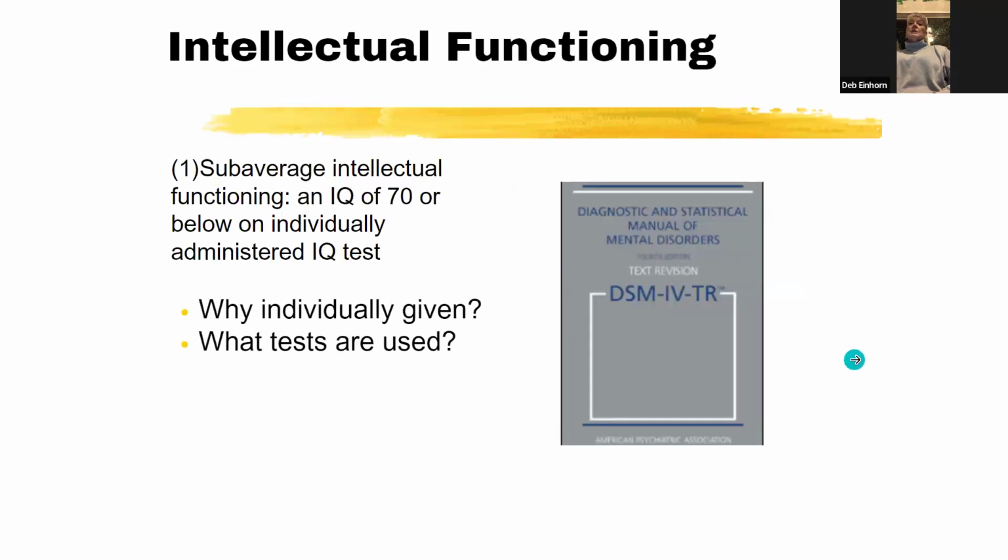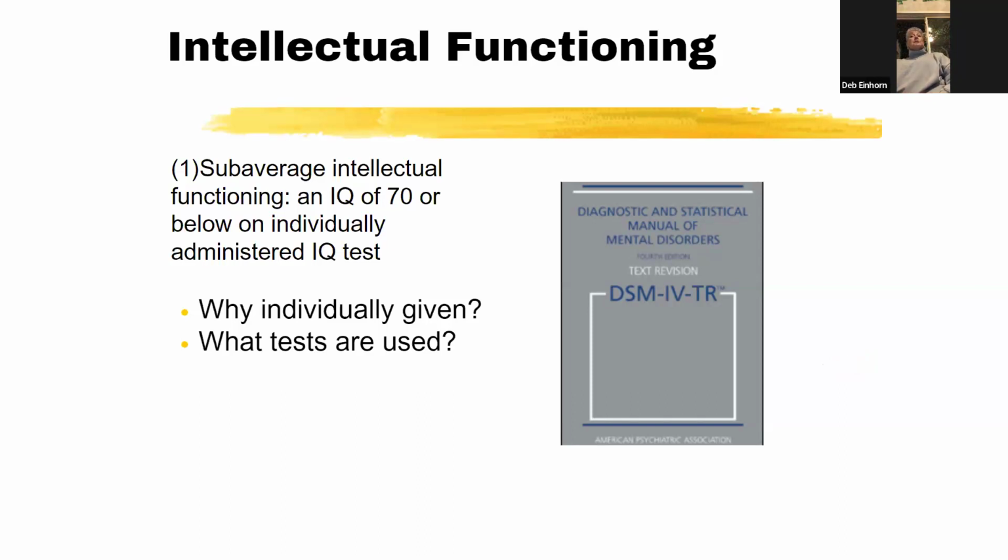So sub-average intellectual functioning is defined as an IQ of 70 or below on an IQ test. And IQ tests are different from the kinds of tests that kids take in school to measure their progress, or group tests that are given to determine how a student compares to other students their age in their classroom.